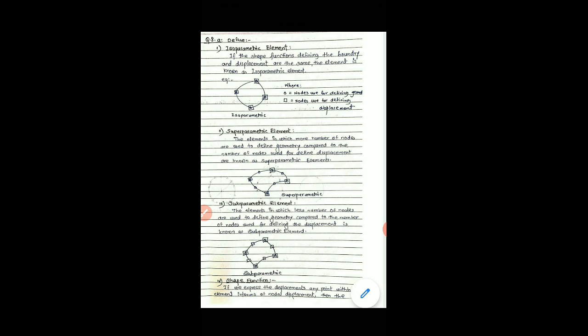Now the shape function, the very important part of our finite element method. If we can express displacement at any point within the element in terms of nodal displacement, then the connectivity between them is called shape function, or displacement function, or interpolation function.